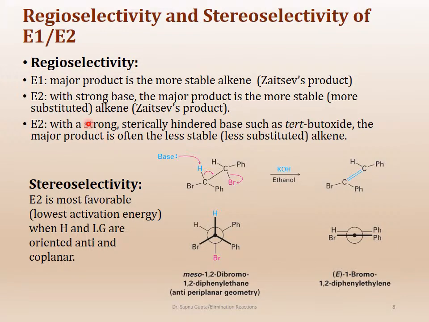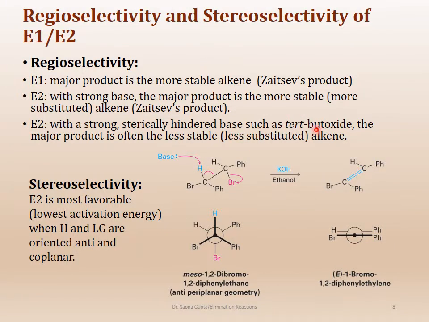And so how do you drive one versus the other? For example, if you have a strong base, then your major product is going to be the Zaitsev's product, because the strong base is going to go for the hydrogen. In the E2, when you have a sterically hindered base, you still have a strong base, but now it's sterically hindered, whereas in the first case where we got the Zaitsev's product, it was not a huge bulky base.